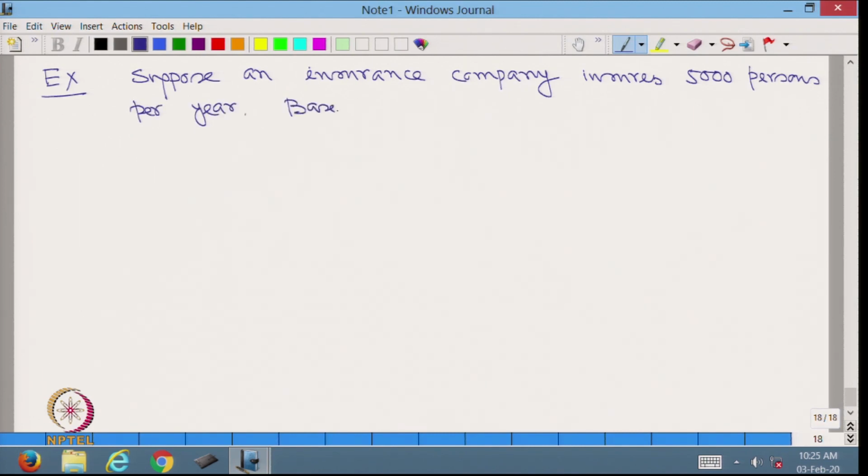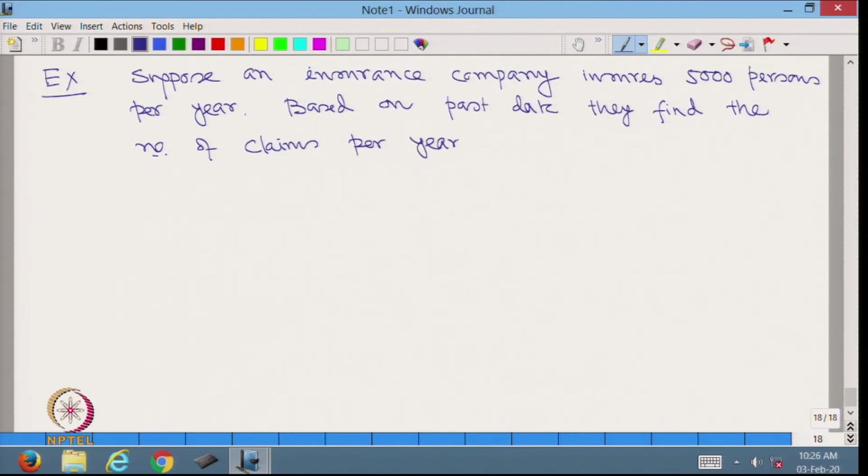Based on past data, they find the number of claims per year is 10 per 10,000 persons.